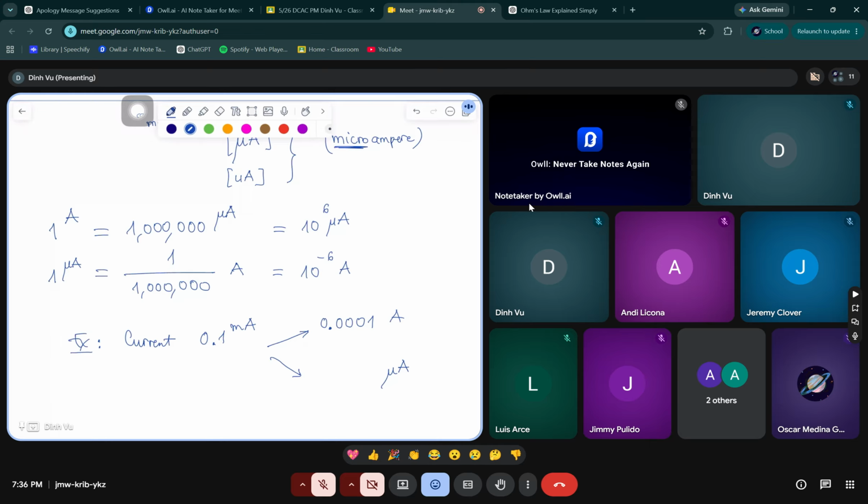But if you convert from milliampere to microampere, 1 milliampere is 1,000 microampere. So you convert 0.1 milliamp, you should obtain 100 microamp.